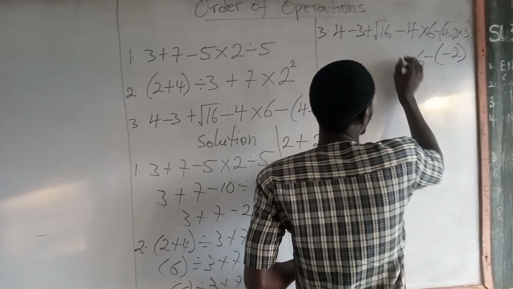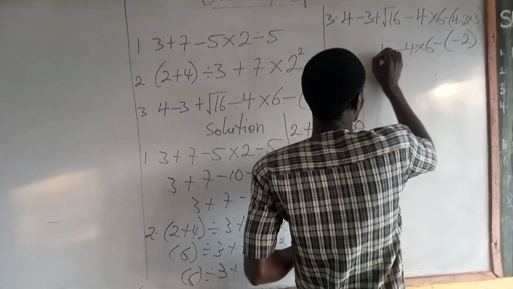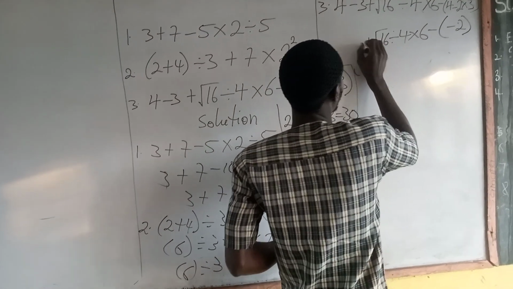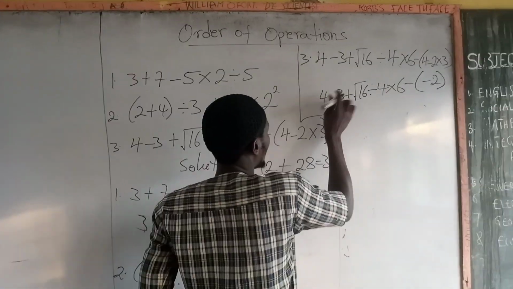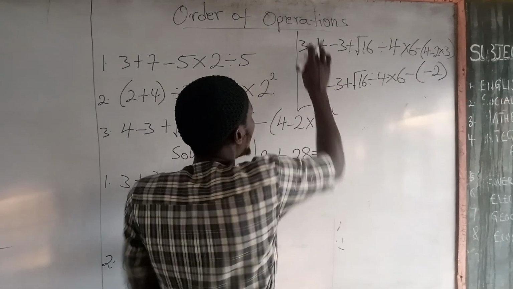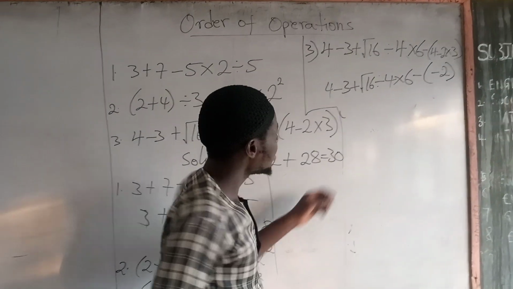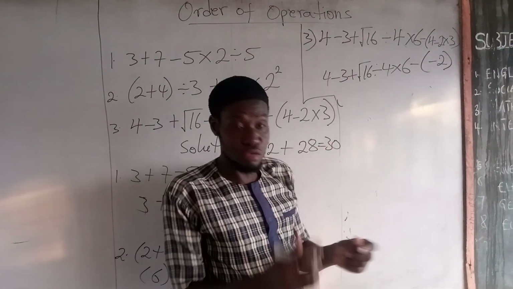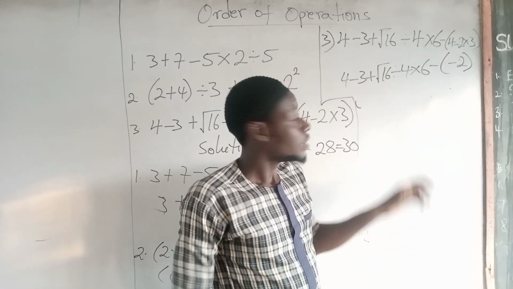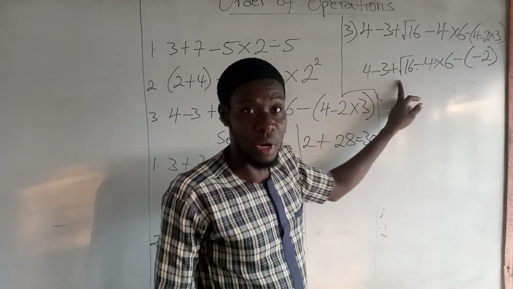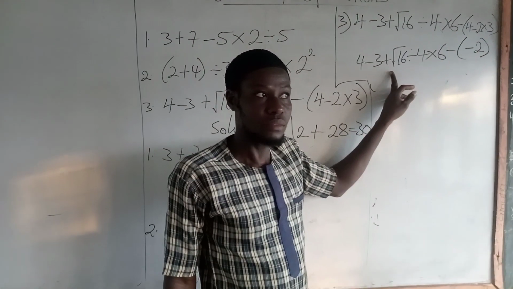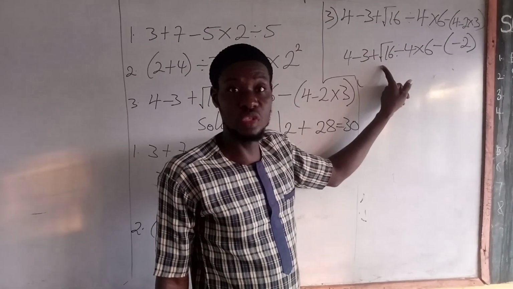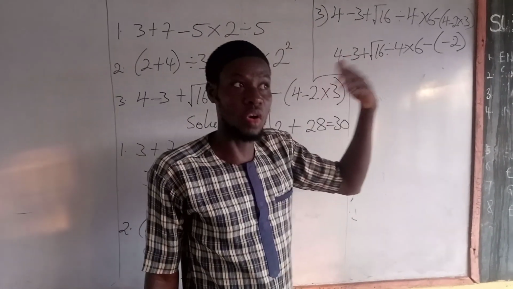So the rest of the terms come. Having done that, we then come and look through the terms for the power, that is the O. So look through the terms with square root or power or factorial.